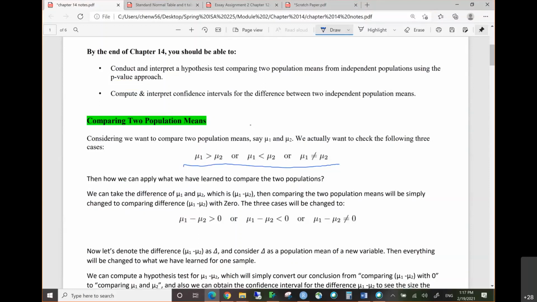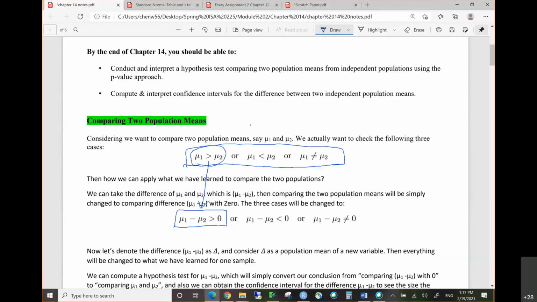For this format, we don't know how to make the hypothesis test or the confidence interval, right? In this case, we just convert it to the format we are familiar with, right? So if we want to compare mu1 larger than mu2, then I can test the same thing, mu1 minus mu2 larger than 0. So to the right of your hypothesis is just a value, right?